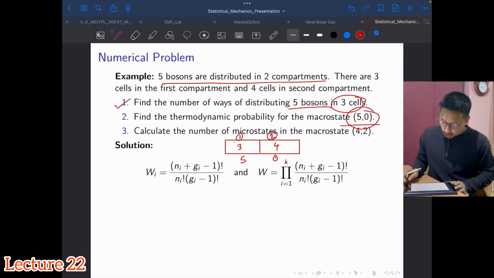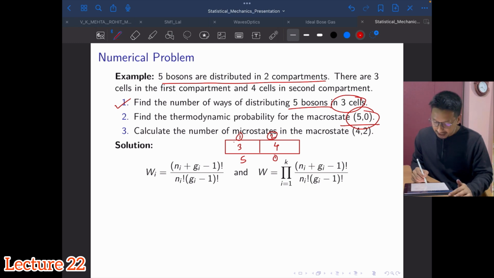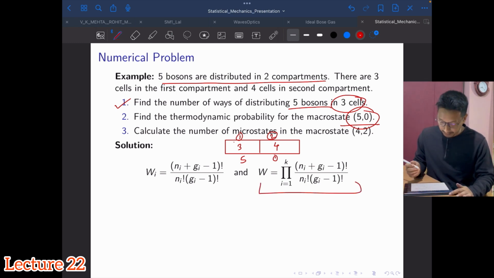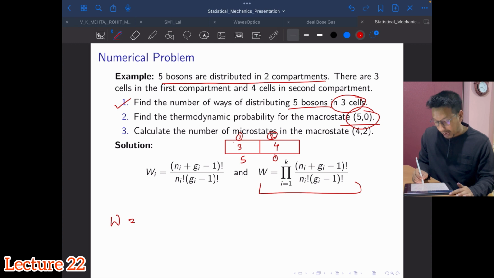The number of microstates for a given macrostate is given by this expression regarding the Bose-Einstein statistics. Here W will be equal to the product going from i to k equal to 2, because there are only 2 compartments. Ni is 5, the number of bosons in the first compartment.